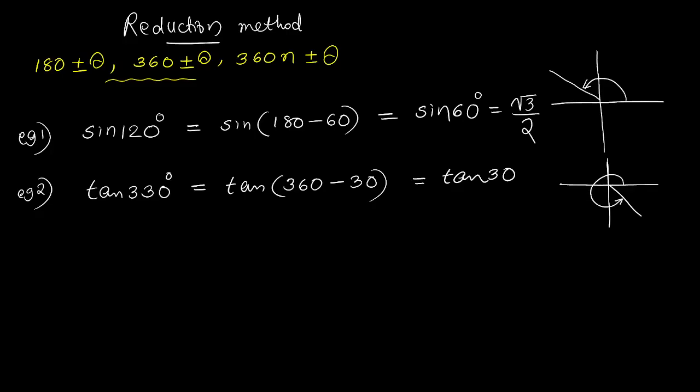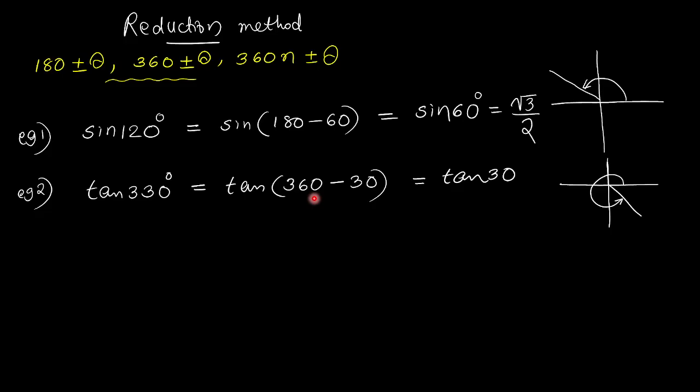It's less than 360 degree, right? Shivani, clear? So this one is tan of an angle in the fourth quadrant. In the fourth quadrant, only cos is positive. We have studied that.